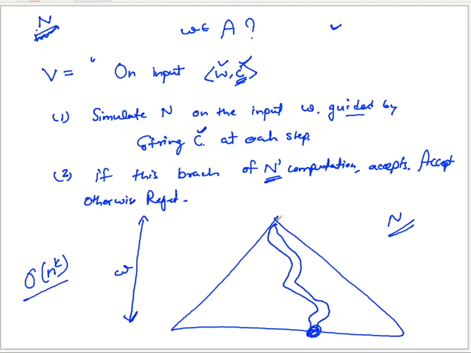So there is a single path from the start configuration to this node based on the certificate C. This computation altogether is a deterministic computation. If this node is not an accepting configuration, certainly it is not going to be accepted, because if the certificate is not valid, you will not find an accepting configuration here, right?